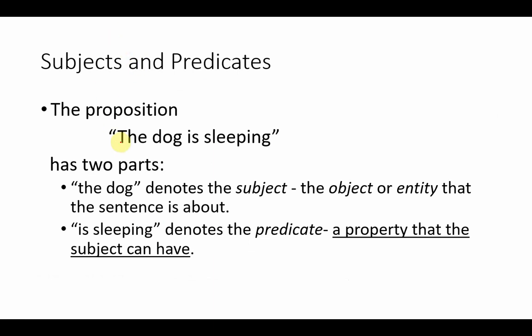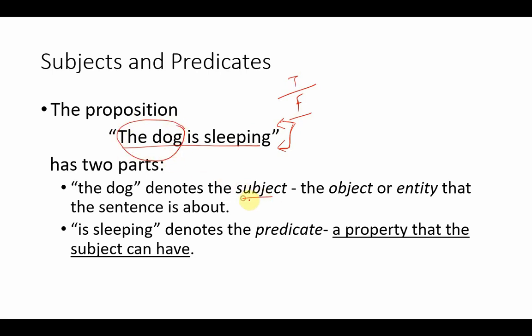Now essentially, if I say this statement, the dog is sleepy, this statement has two parts. This is a proposition. There are no variables over here. It can either have a truth value of true or false depending upon whether the dog in question is actually sleeping or not. So this is a proposition, but it has two parts. First is the dog.